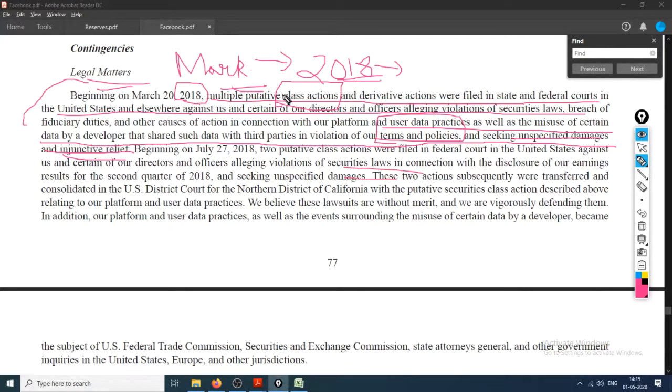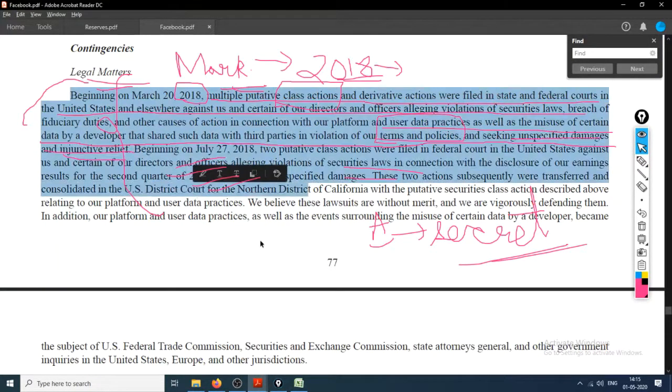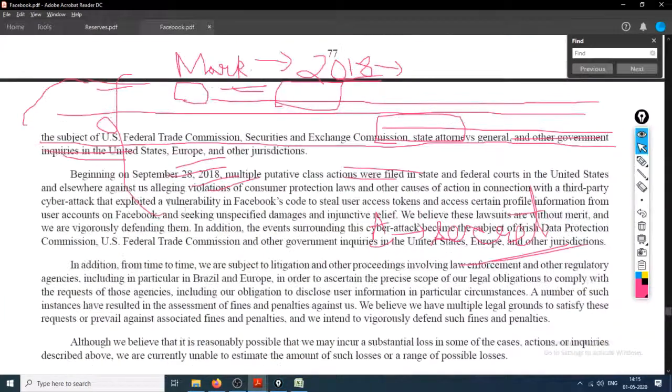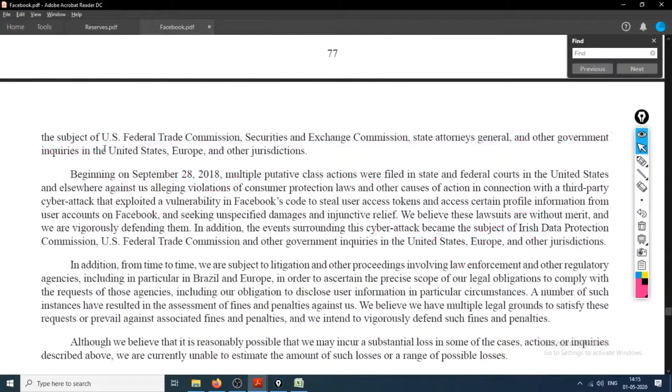So what if Facebook shows this contingent liability as an actual liability? It can create a secret reserve. But we don't know what Facebook is doing, although if you study this report extensively, you can know a lot. Just overview reading and skim reading has given us a lot of knowledge.